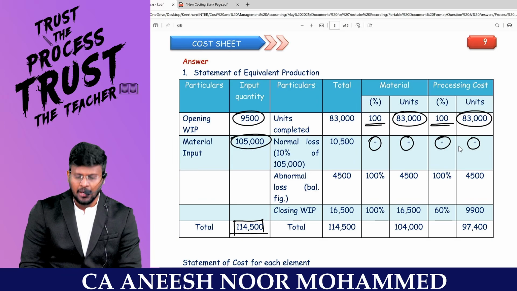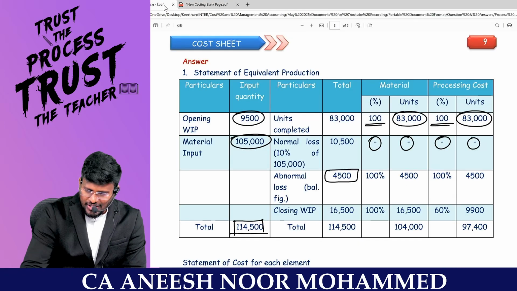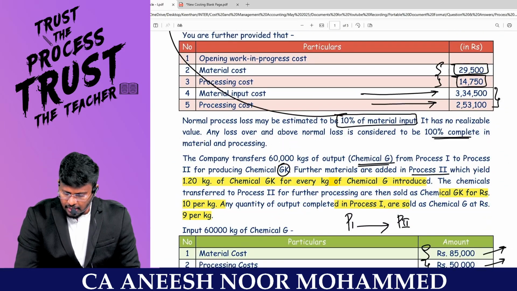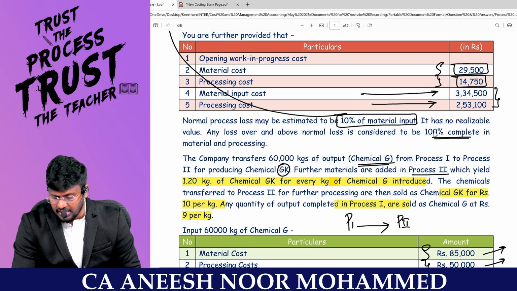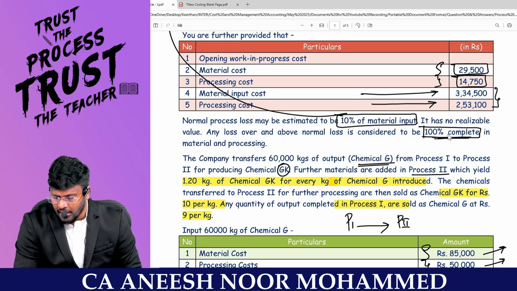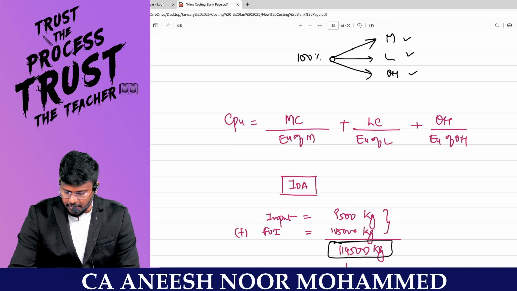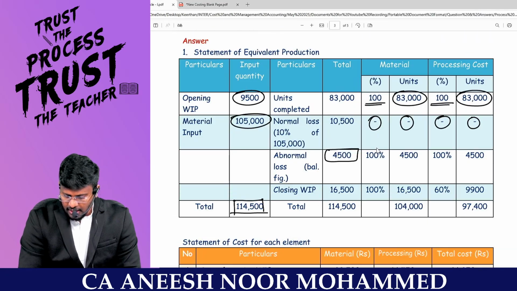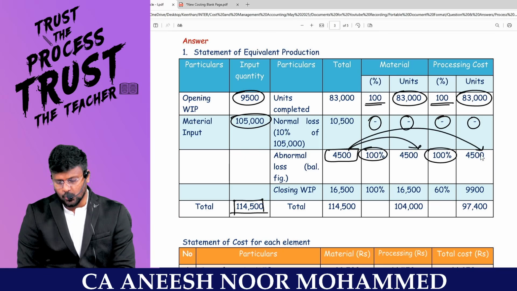With regard to abnormal loss, 4,500 units, the question specifically said that any loss over and above the normal loss is considered to be 100% complete in material and processing. That means 100 percent and 100 percent, 4,500 and 4,500.